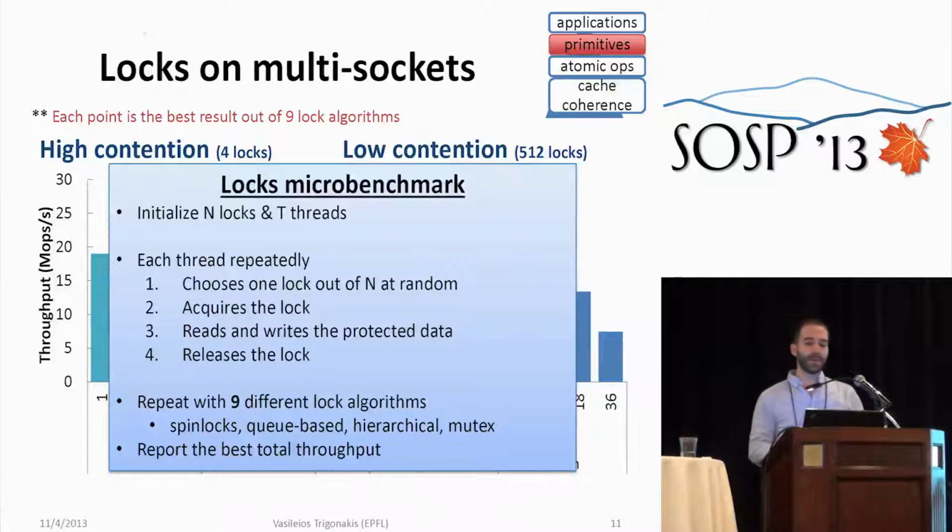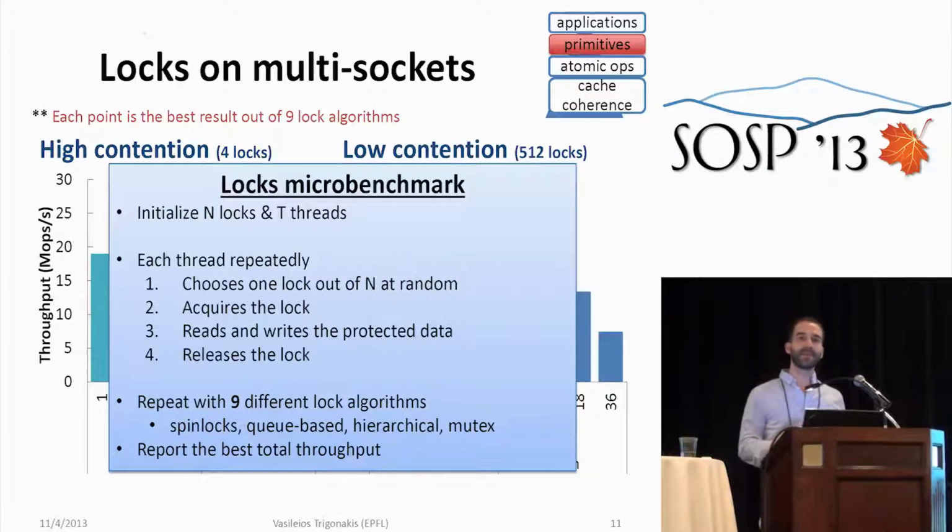So let's move on to the primitives layer, and more precisely, to lock-based synchronization. The results I will present here were taken with a simple lock micro benchmark, where we initialize a number of locks and a number of threads, and then each thread repeatedly selects one of the locks at random, acquires the lock, reads and writes some data that are protected by this lock, and then releases the lock.